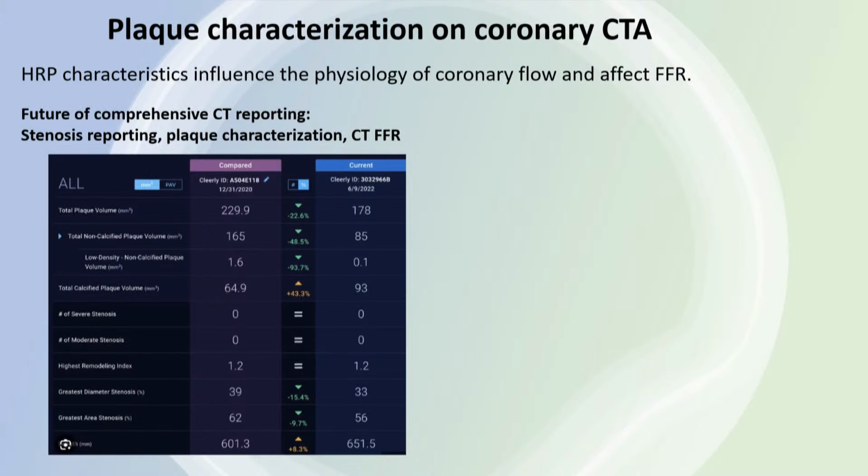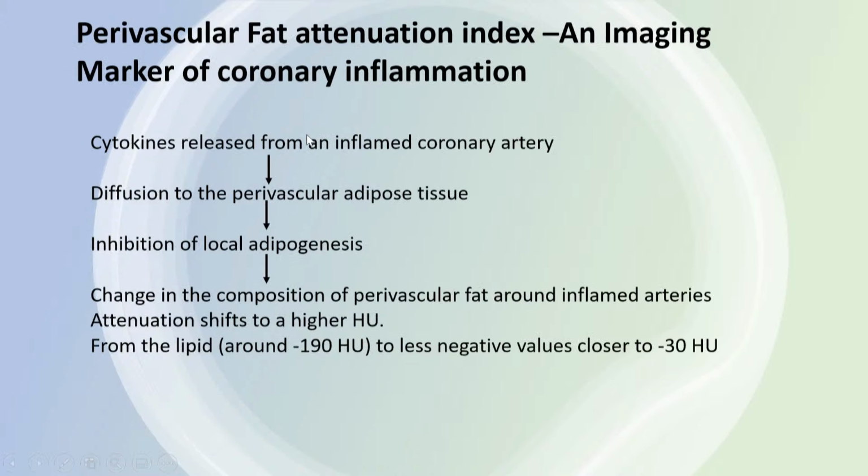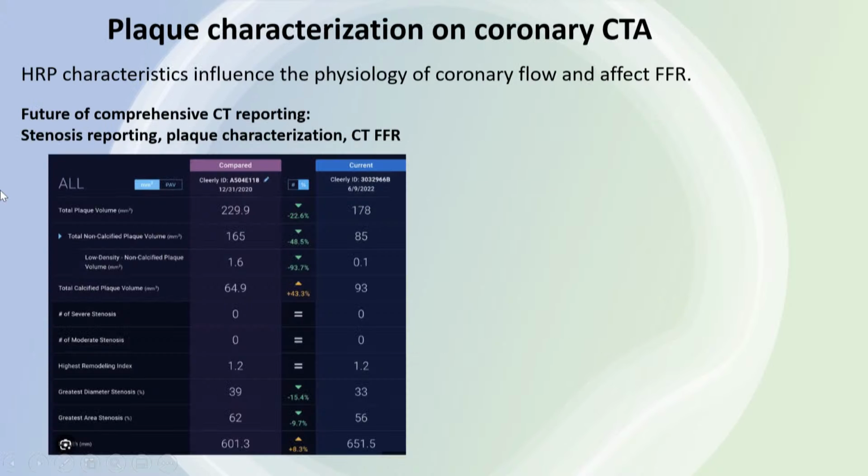So the future of comprehensive CT reporting, this is a sample report from Clearly, will have all of these things: total plaque volume, total non-calcified plaque volume, including the less than 30 Hounsfield units very low density plaques, stenosis, number of stenoses, how many are moderate and severe stenosis, remodeling index. All of those things along with the FFR value. And it's not just Clearly, all the different vendors are trying to develop these now.